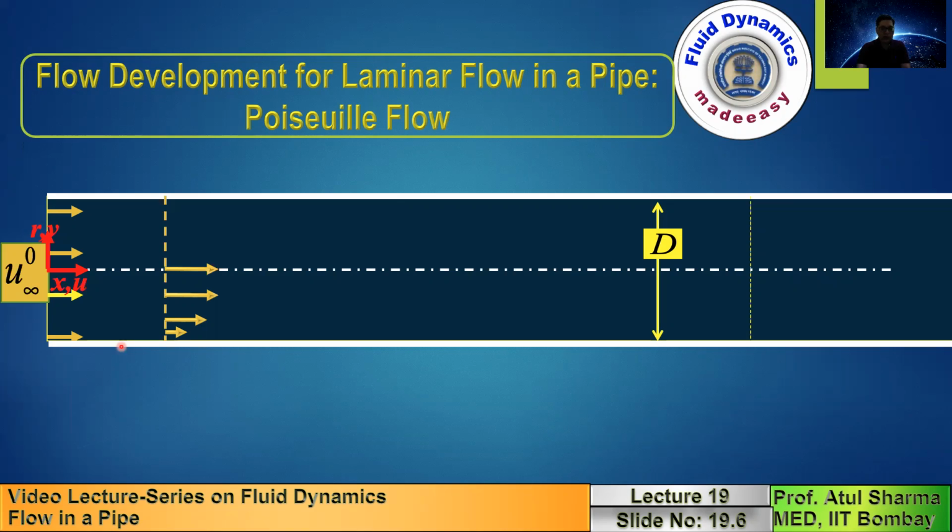So due to the no slip condition, the fluid velocity at the stationary solid wall is 0. The fluid is entering with a constant velocity.